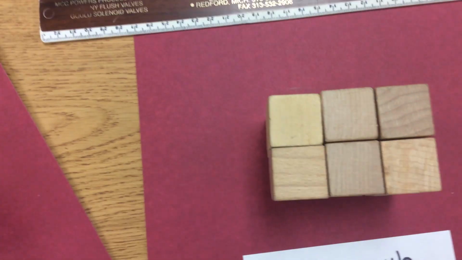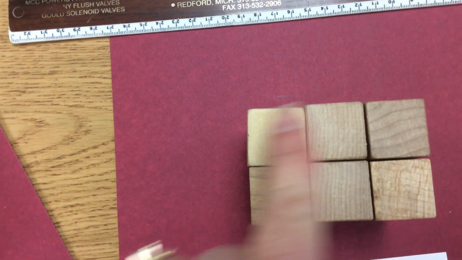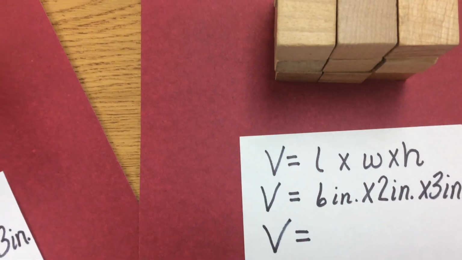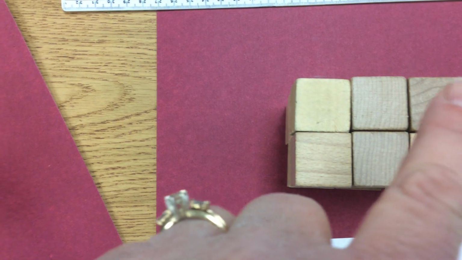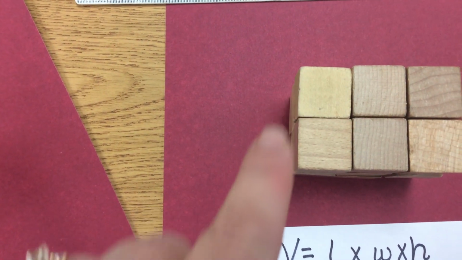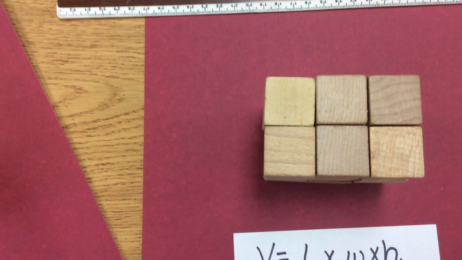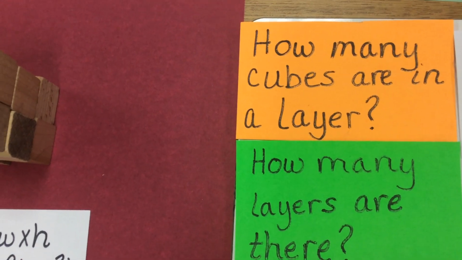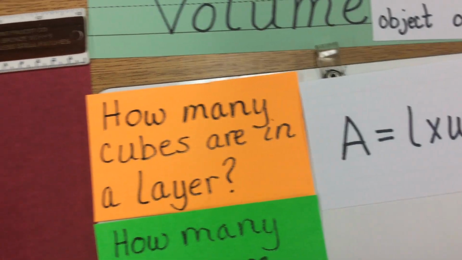If we look over here, we see that there are 6, and the length here is 3 times 2. 3 times 2 is 6. So we have 6 inches as our length times width.